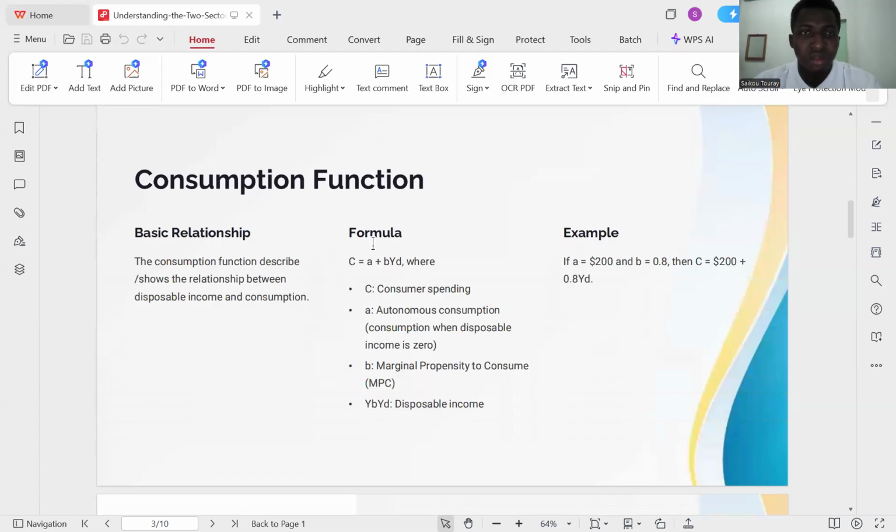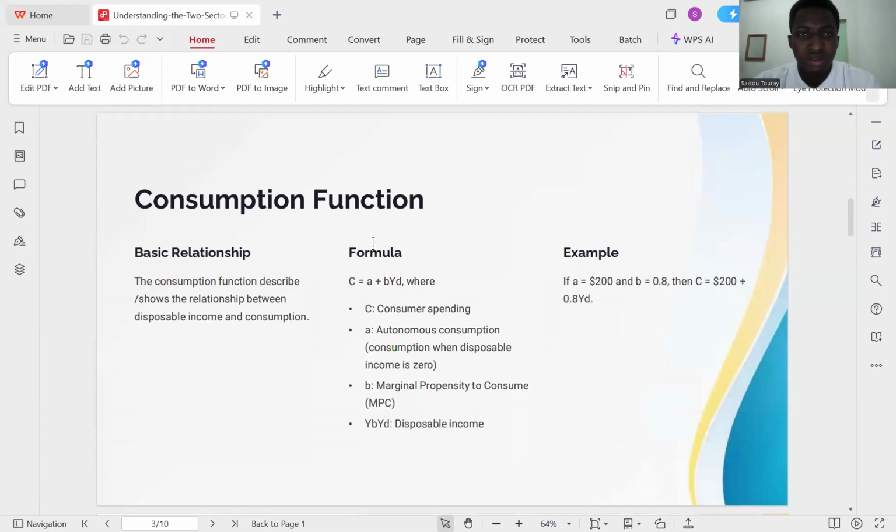Next, we have the consumption function. Consumption is the first one we are going to discuss. This function shows the relationship between disposable income and consumption.